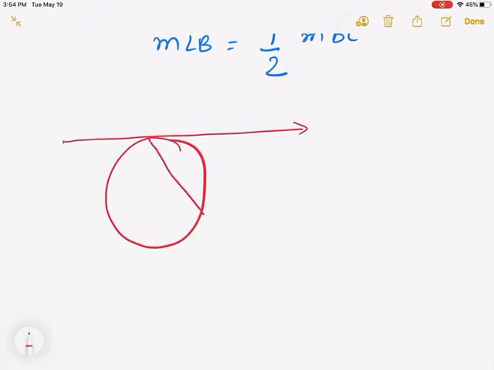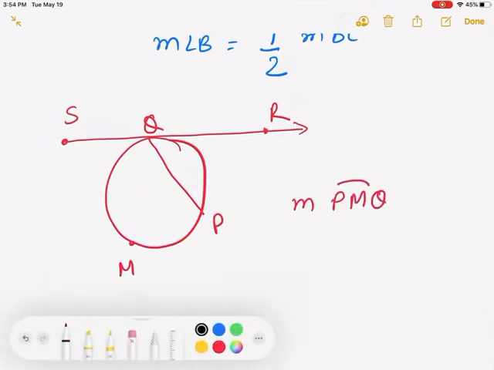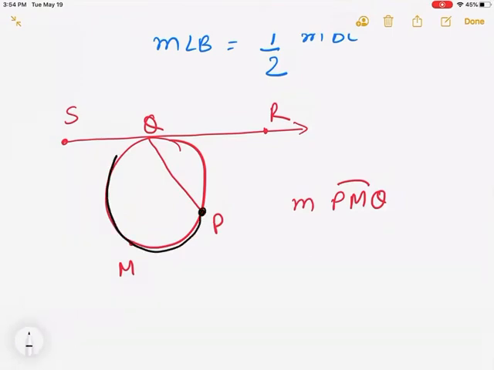Now let's label this tangent as S, Q, and this point is R, and then I have Q and this point is P. Let's say there's another random point which is M. Let me say what's given: arc length PMQ, which goes from this point all the way here, is equal to 212.